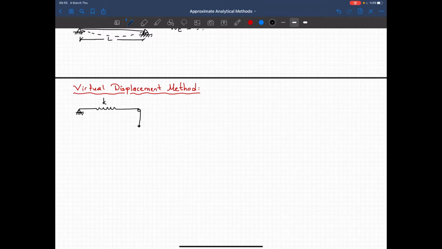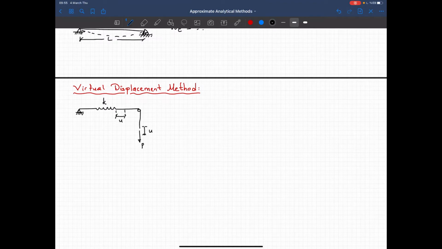This is K. And from that K, I know that it will displace by U amount. So this is U. I don't know its value or the variation, but just show it. Okay, so this is the system. Let me show P here. This is the system, right?